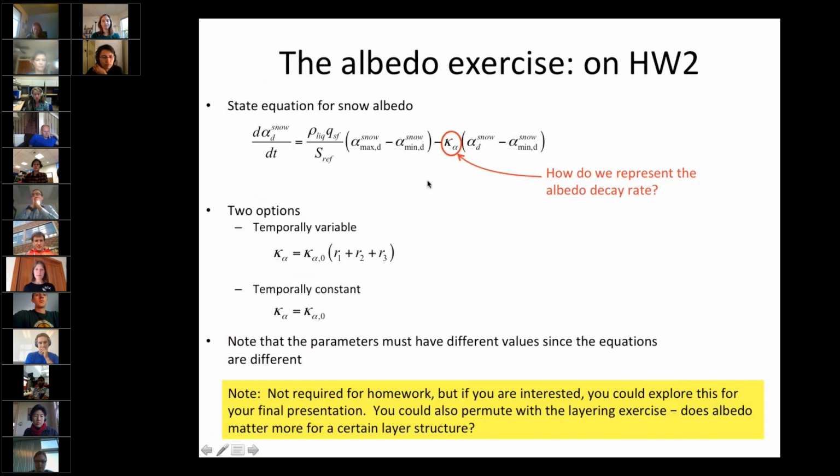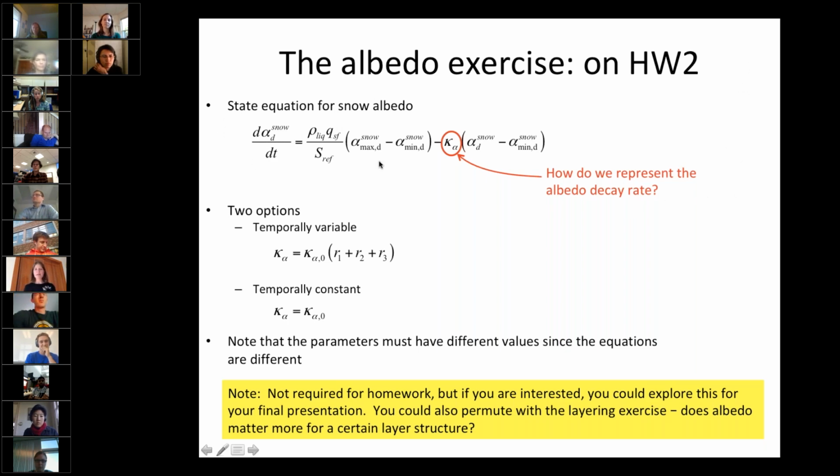All right, so on homework 2, which should be ready by Wednesday, you get a choice. This is not the required part, but it's something you could choose for your project if you're interested.